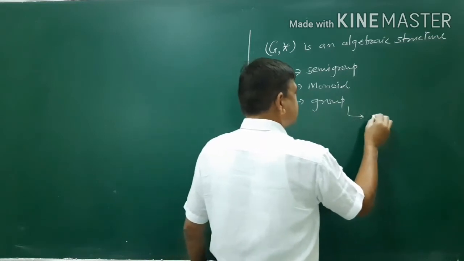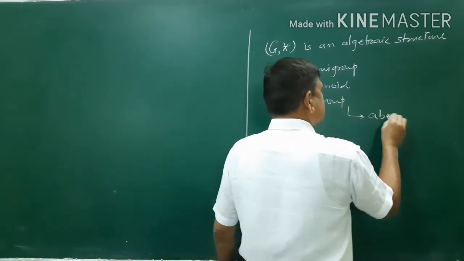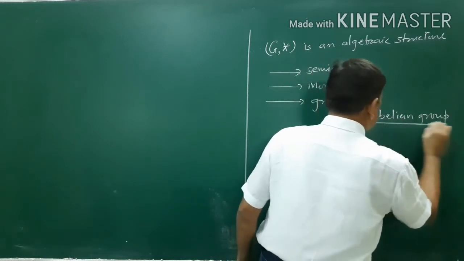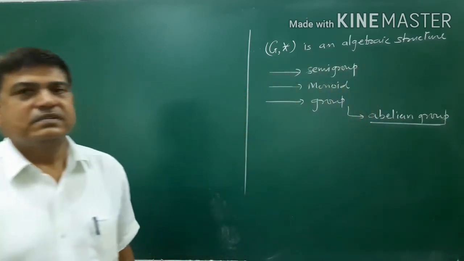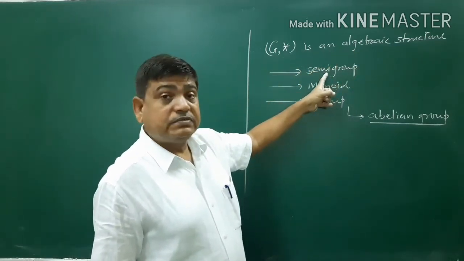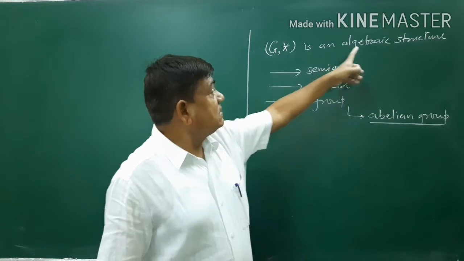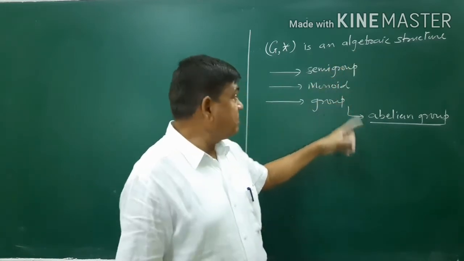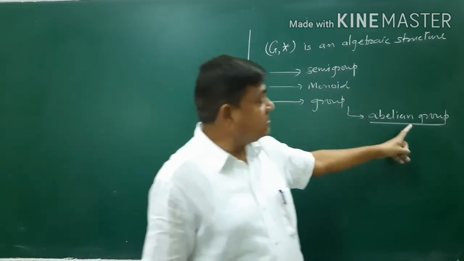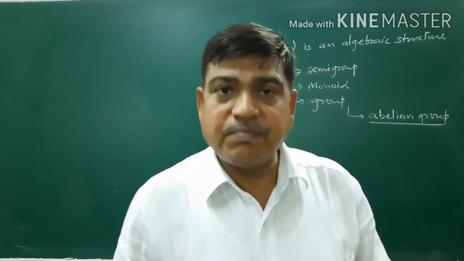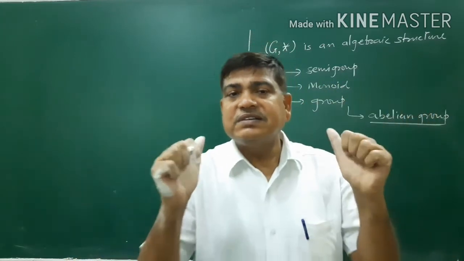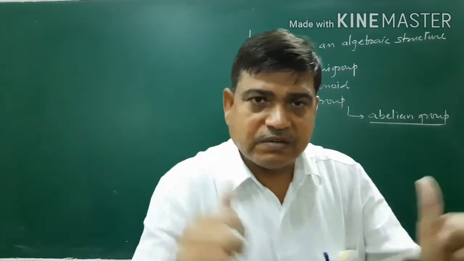Further, it is abelian. This algebraic structure is known as a semigroup. Then what will happen? This is a monoid. Then what will happen? This is a group. Then what will happen? And this is an abelian group. So you have to remember this in your mind as basic concepts.